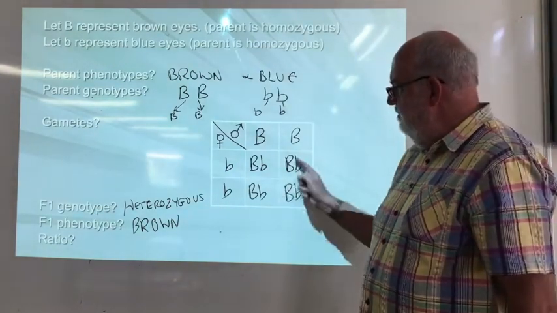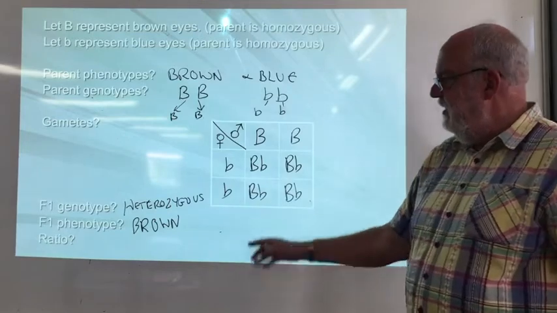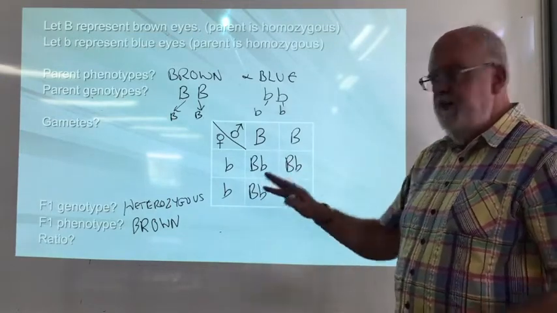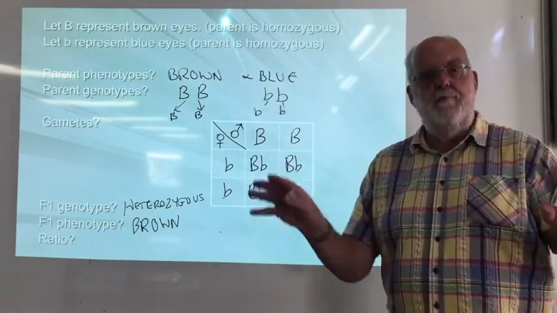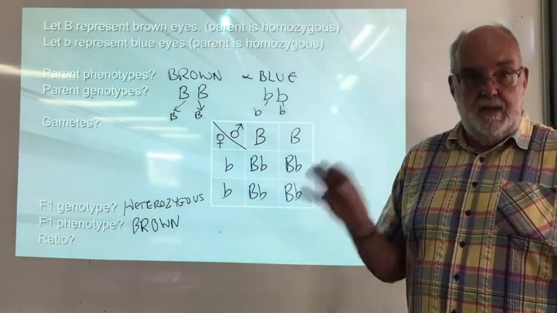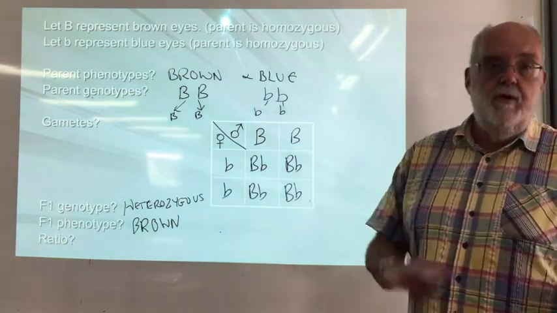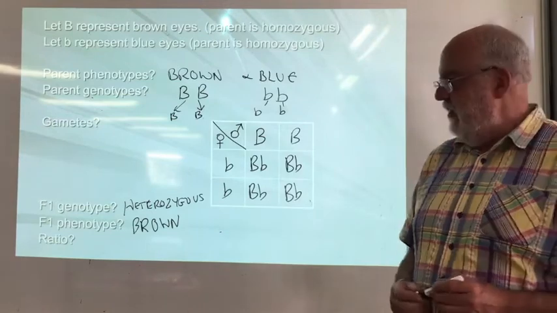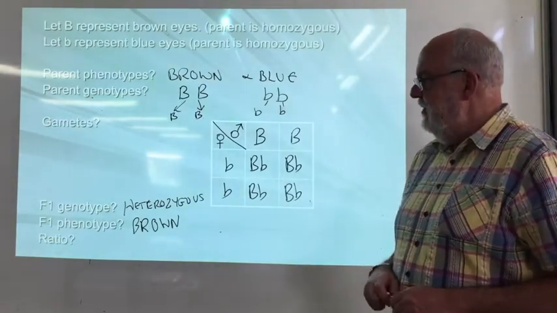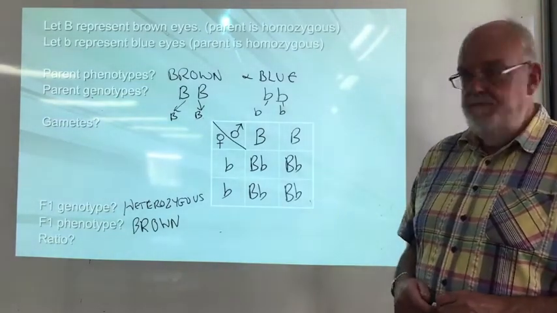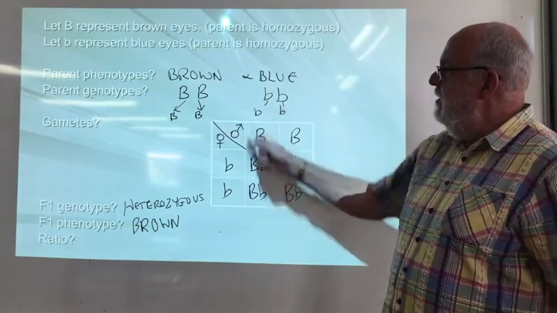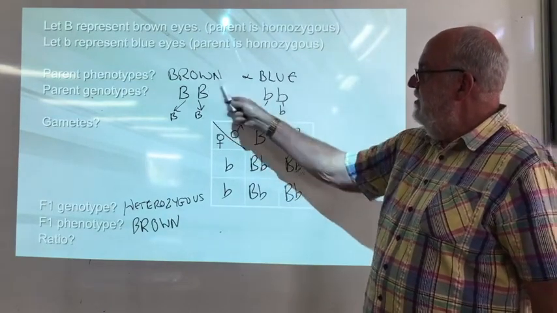And the ratio, in this case, is irrelevant because there's only one type. Ratios come where you've got two different representations. Some have got blue eyes, some have got brown eyes. How many have got blue, how many have got brown? That gives you a ratio. So in this particular example, that is not relevant. So, quick recap. Homozygous parents.